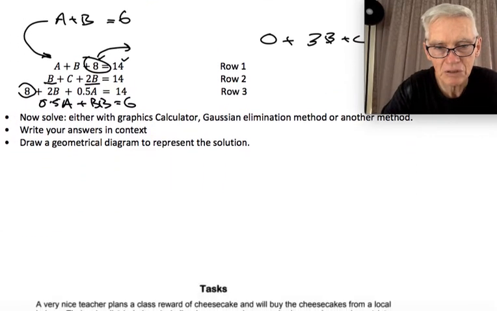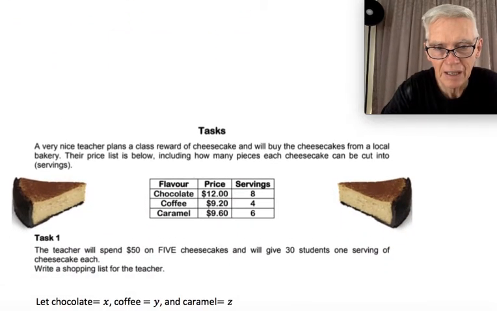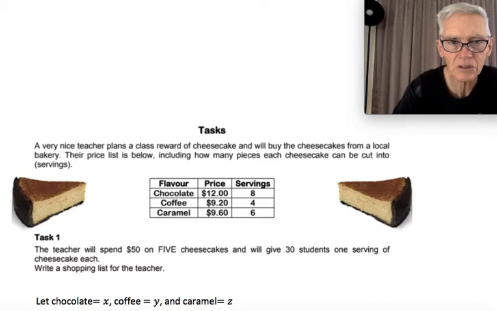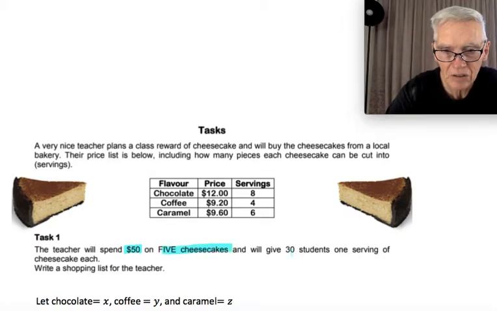The next one we're going to do is this one here. You've got a cheesecake, and we're again looking for totals. So I can see the total will spend $50. I can see that there are 5 cheesecakes, and there are 30 students who will have 1 serving each.